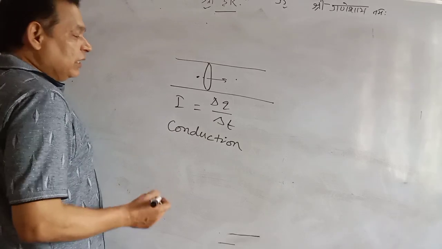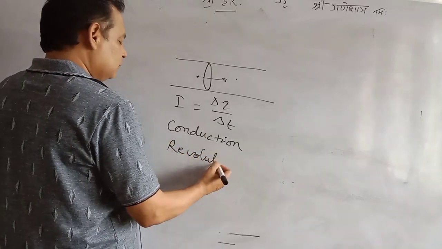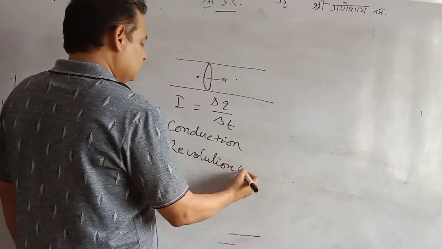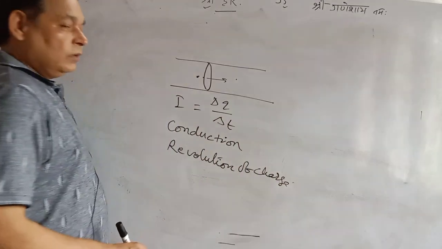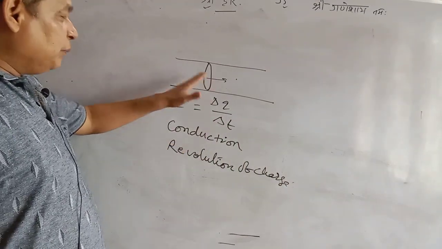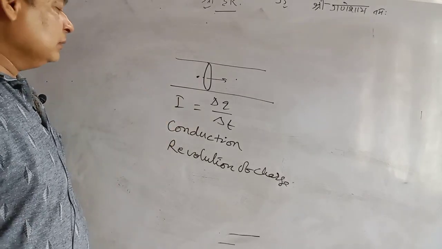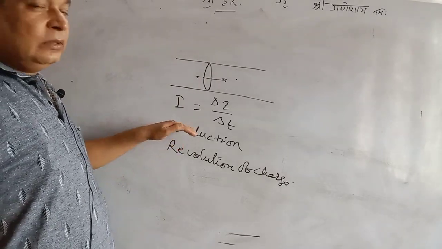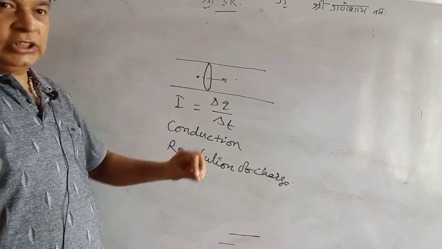There might be current due to revolution of charge. In conduction current, charge passes through a given conductor in a particular direction. The direction is the same as the electric field if that current carrier is positive.